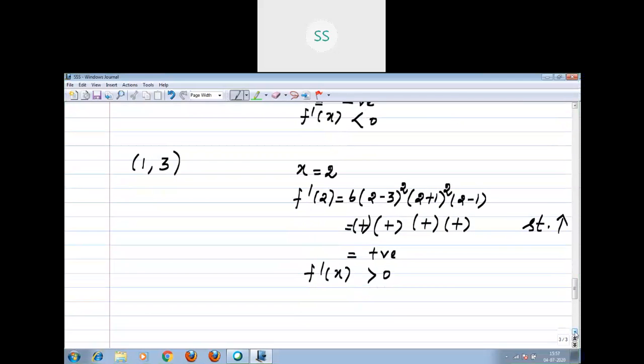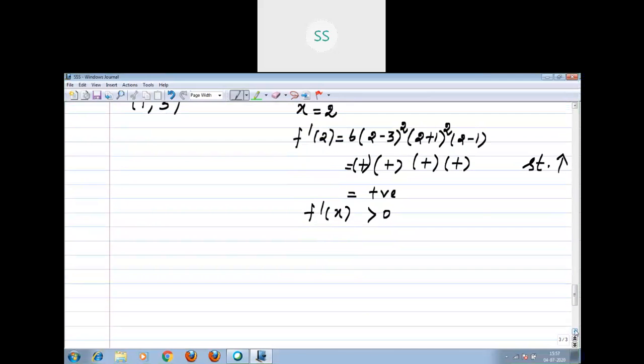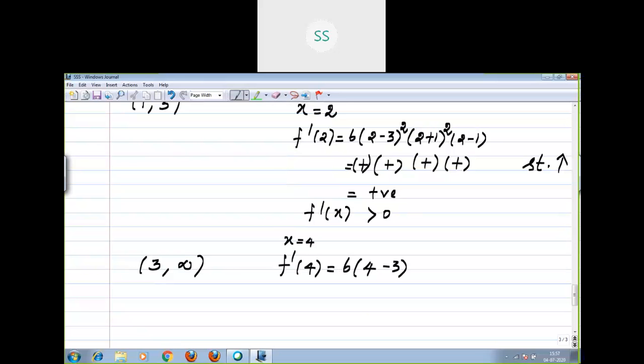Now we'll pass on to the last interval. What is that? 3 comma infinity. See, f dash of, you can assign x is equal to 4, right? F dash of 4 equal to 6 into (4 minus 3) the whole square, (4 plus 1) the whole square, (4 minus 1), which is equal to, here it is positive.